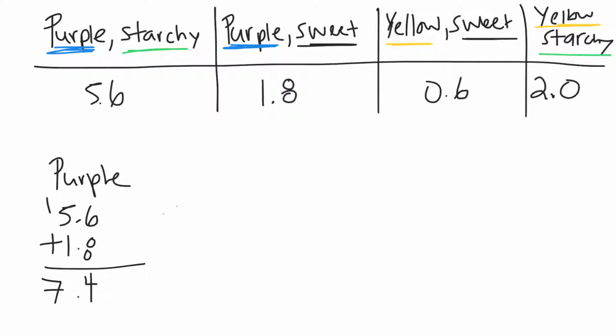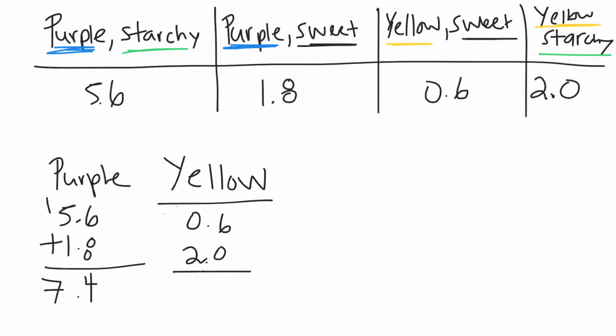Okay, so then we have yellow, and this should be the rest of them. But how many yellows? Okay, we have 0.6 from the yellow sweet, and we have 2.0 from the yellow starchy, so that gives us 2.6. And hopefully that adds up to about 10, so that'd be like 100%.